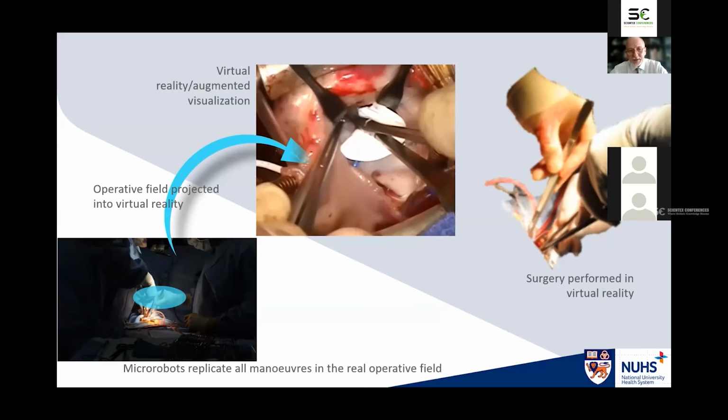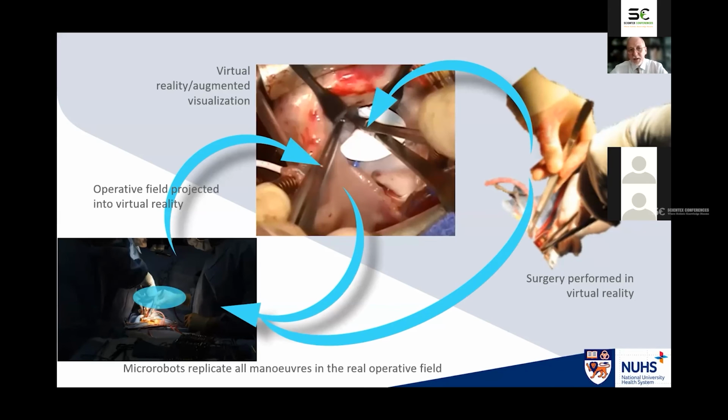And that, with micro robots, can pave the way towards new surgery, when we can do the surgery without opening the chest and creating these really very risky scenarios for the patients.